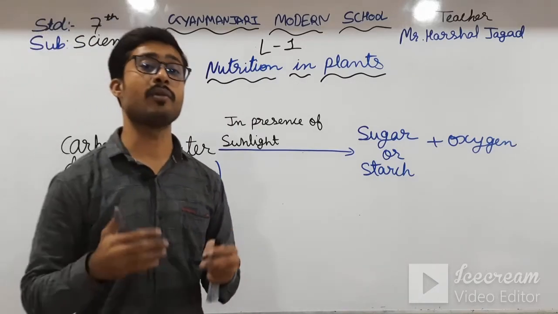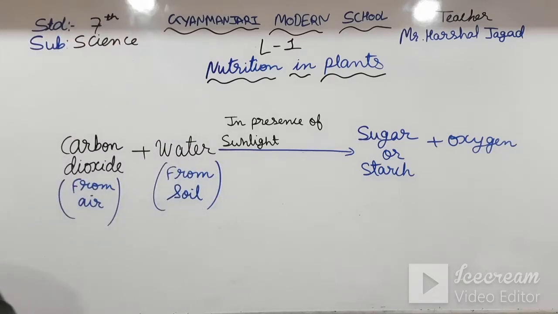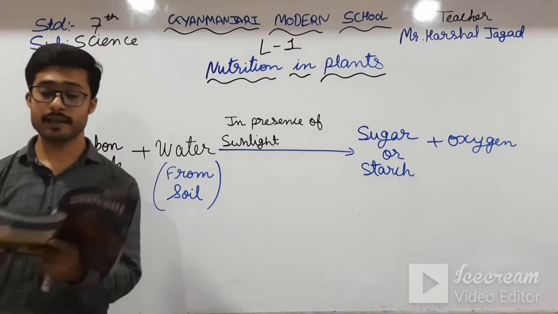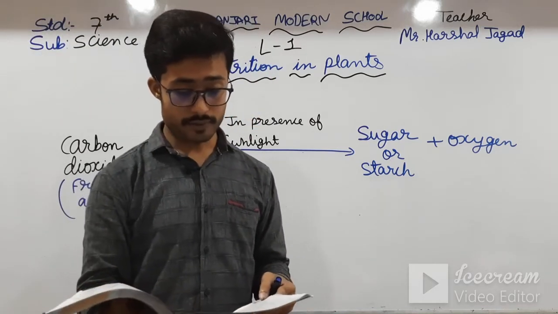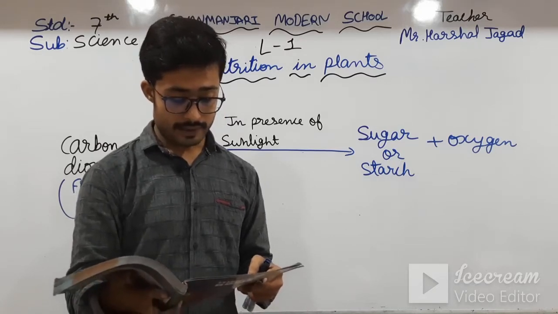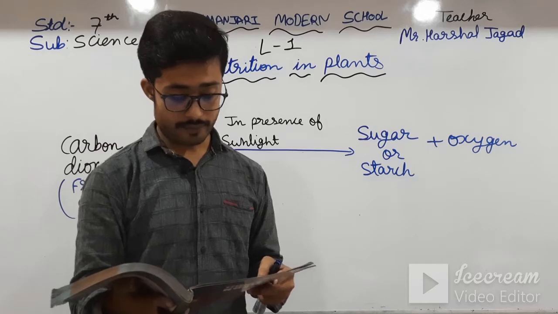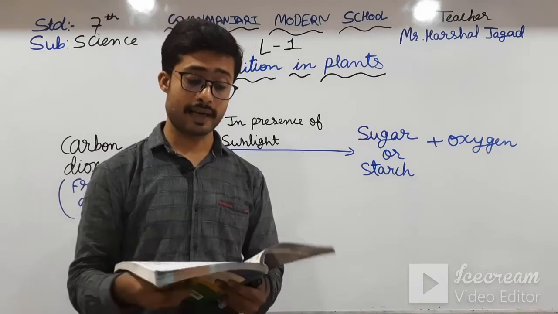We have seen some of the conditions of the photosynthesis process, I am reading it quickly. See here, the conditions needed for photosynthesis. First is chlorophyll, a green pigment found in the leaves of green plants. Chlorophyll traps the light energy. Second is sunlight.